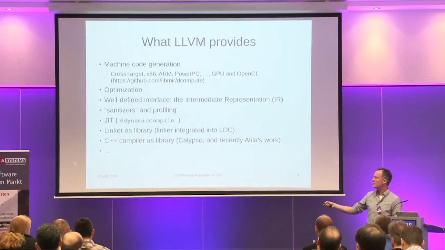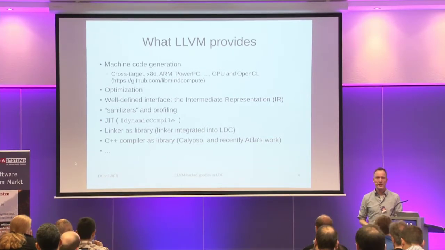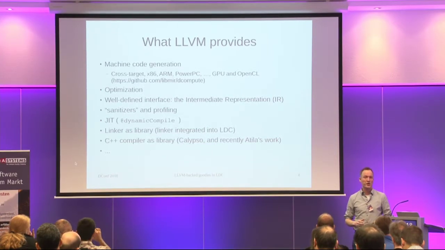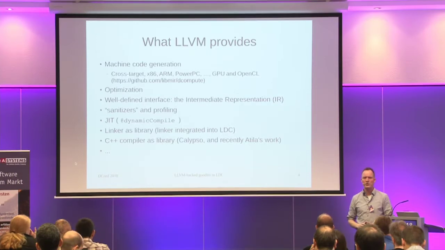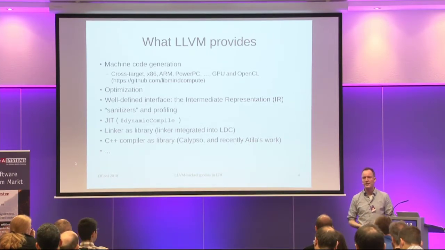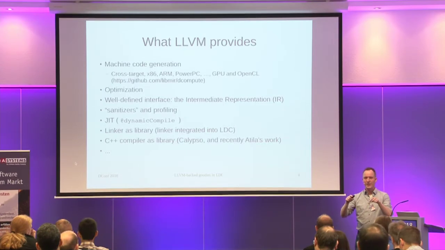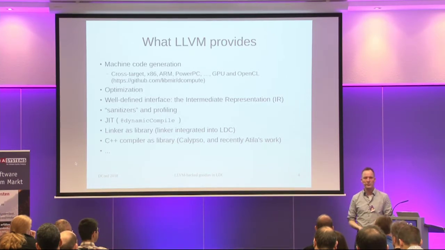The other thing is it provides a linker as a library, as the Clang compiler is also a library, which has already been used for a long time in Calypso, and recently Attila used it so that you can just include a C++ header, which calls the Clang library to interpret that piece of C++ code, which you can then use in your D code again.